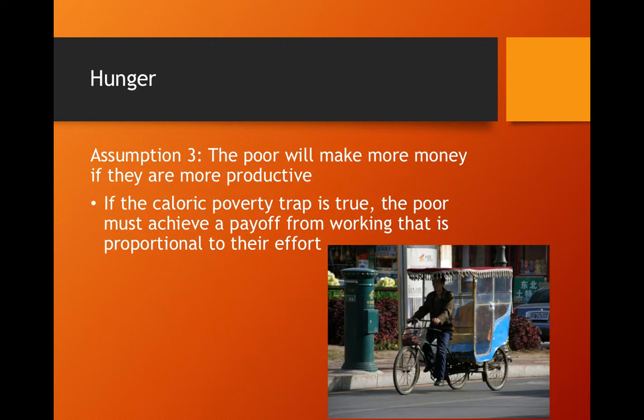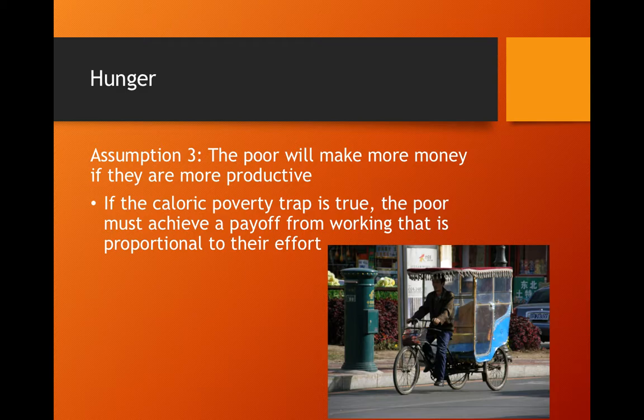Okay, the third assumption that we're making, if we believe in this idea of a poverty trap, is that the poor will make more money if they're more productive. If this guy driving this rickshaw in China was more productive, if he drove his rickshaw more and faster or something like that, if he had the energy to do his job more, then he would make more.